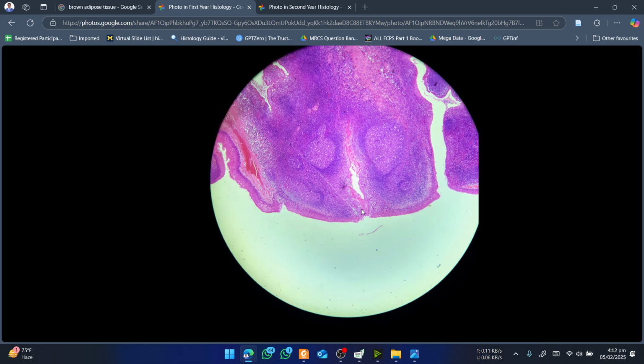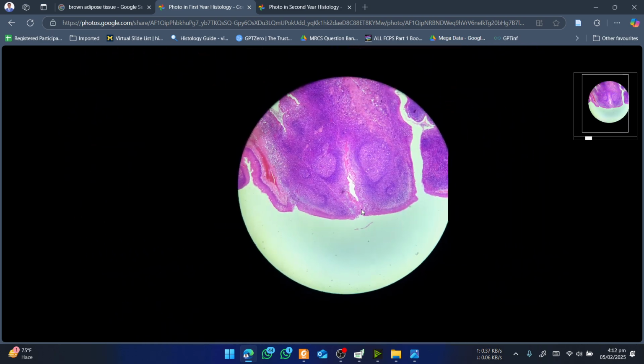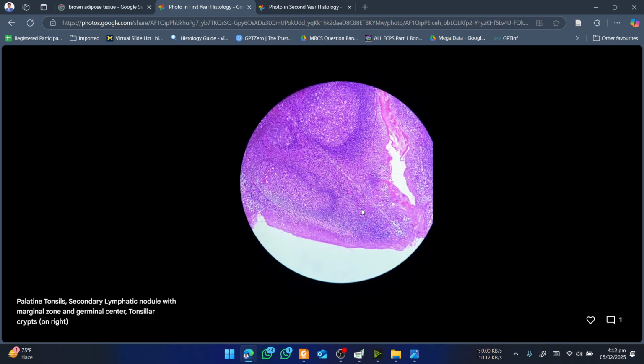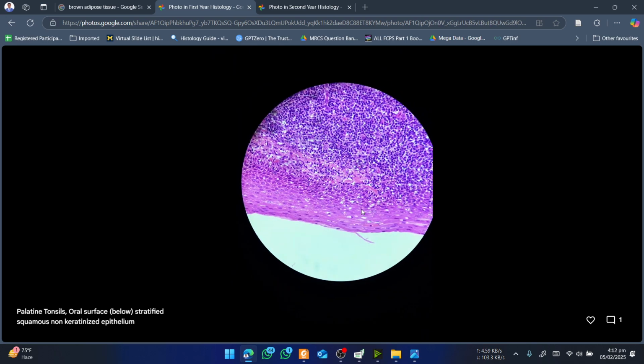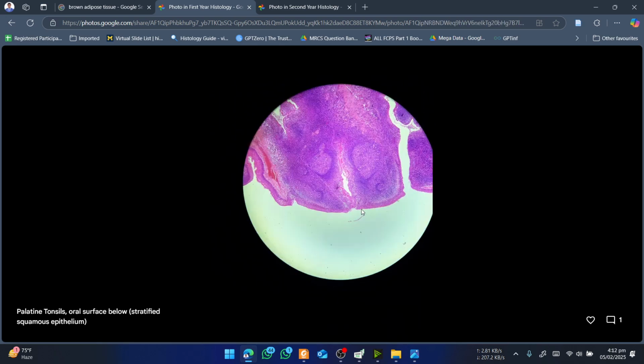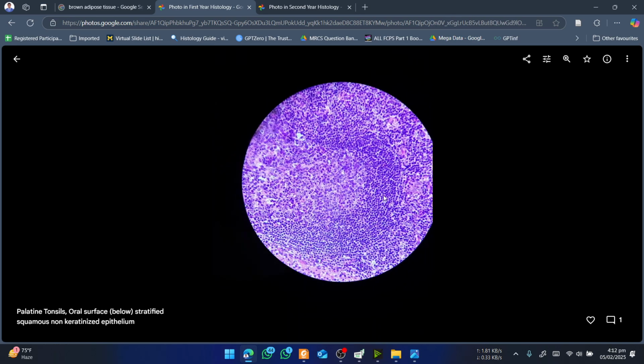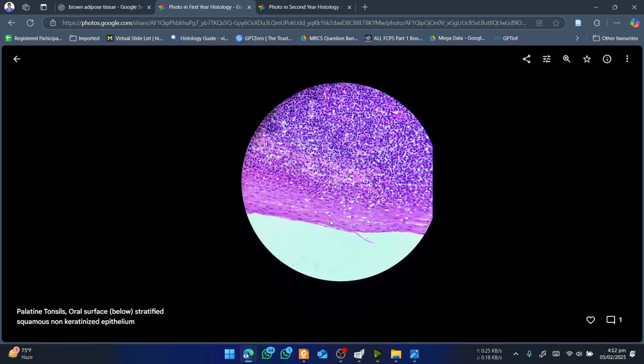So let me go to the different pictures. This is higher up, you can see, and yes, these are called the crypts. These dips are called the crypts. These are the folds that give it more surface area. So there is the stratified squamous non-keratinized epithelium that I was talking about in a little zoomed image.